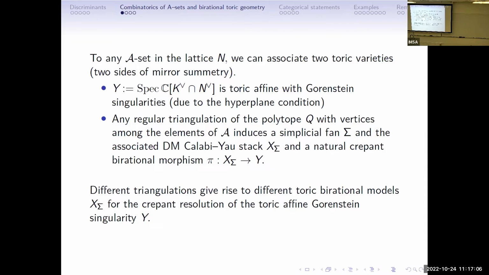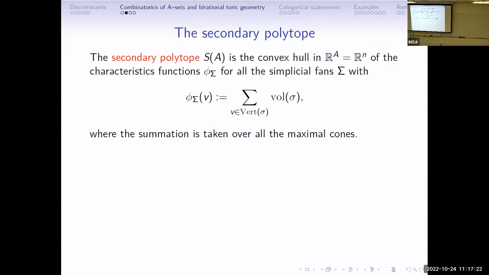So, in a way, from the geometric point of view, what we're trying to understand is this toric birational geometry picture, which has been discussed for a long time with various techniques.